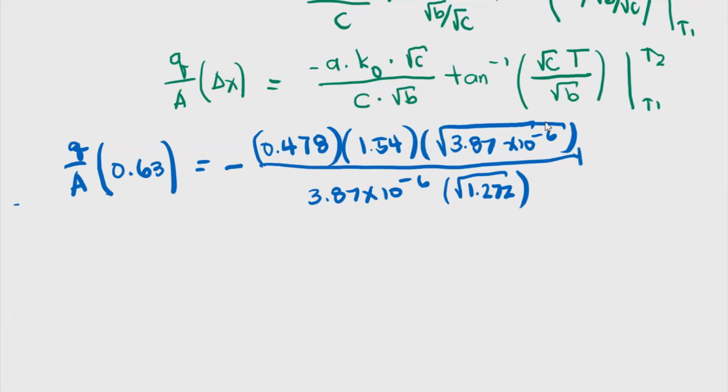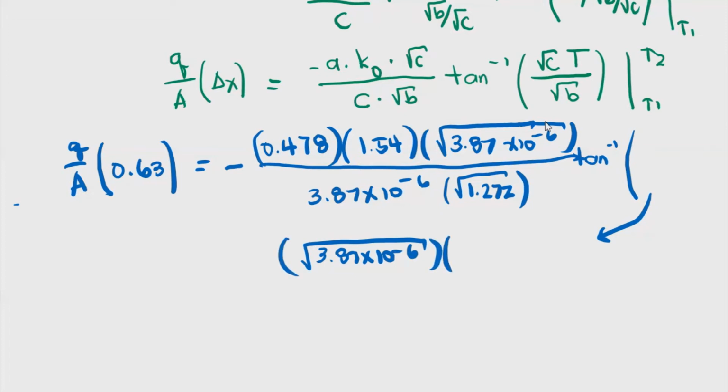Then the tangent inverse, or the arctan of dito ko na lang susulat siguro kasi hindi na siya kasya, no? So square root of 3.87 times 10 to the negative 6 multiplied with temperature. So ngayon, T2 yung ilalagay natin muna, which is our T2, the lower temperature now.